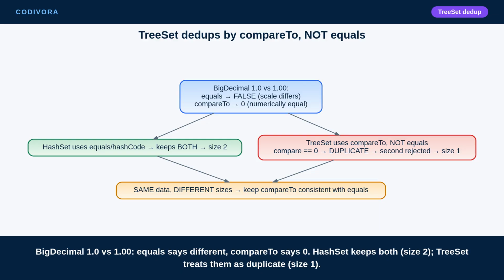So a HashSet keeps both, size 2. A TreeSet keeps only one, size 1, because compareTo said duplicate and the second add was silently rejected. Same data, different sizes. The rule: keep compareTo consistent with equals. 0 exactly when equal, or a sorted set will quietly lose entries.